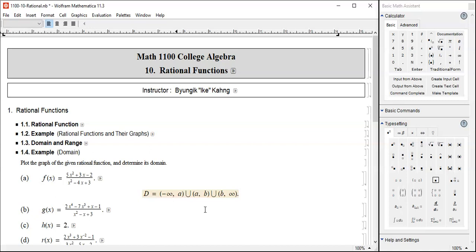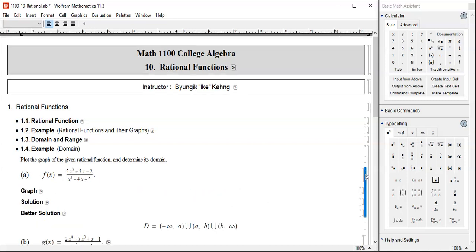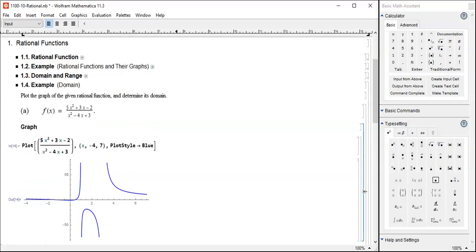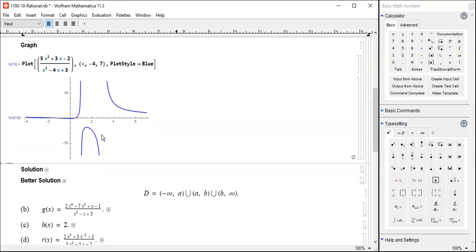So we have to have parentheses. We can get all this information just by looking at the graph. Just look at the graph, and we can make an educated guess about the domain. About this much, everybody should be able to do without looking at the algebraic expression of the function.